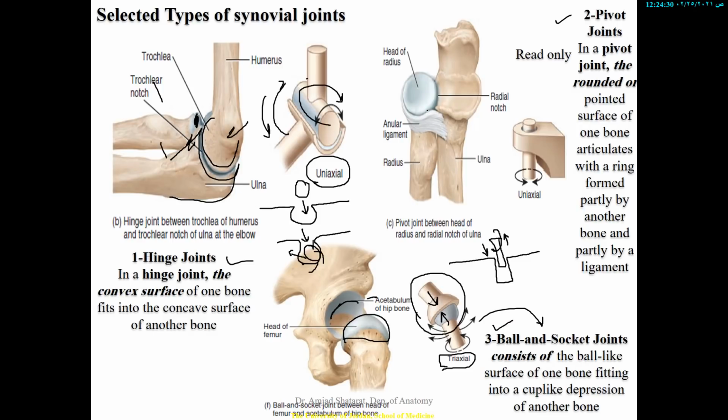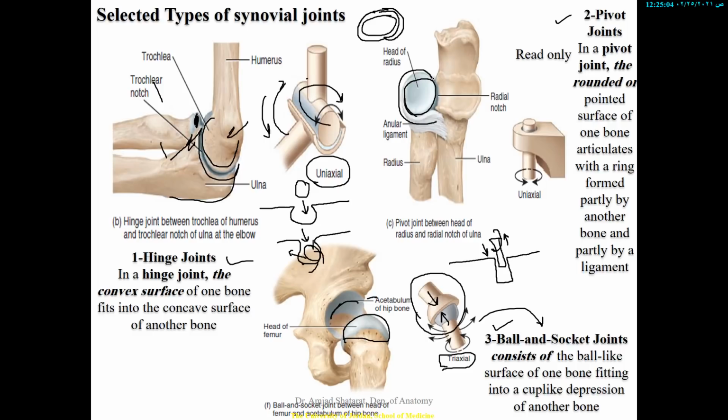Also we have another uniaxial joint here. It's the superior and inferior radio-ulnar joint. This is the head of the radius, and by the way it is circular, and it is received here by the ulna, and this is its cup, and of course there is another ligament here that completes the notch. So as you can see, around the head of the radius there is the annular ligament.